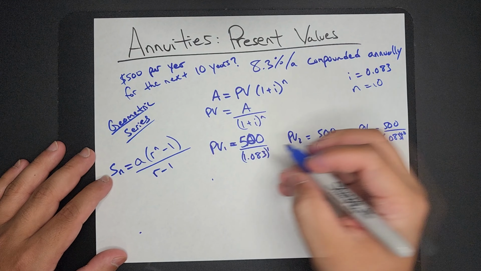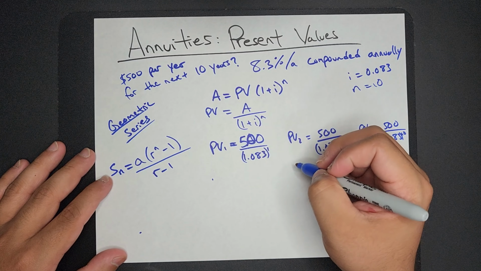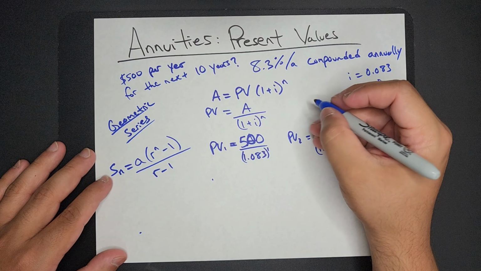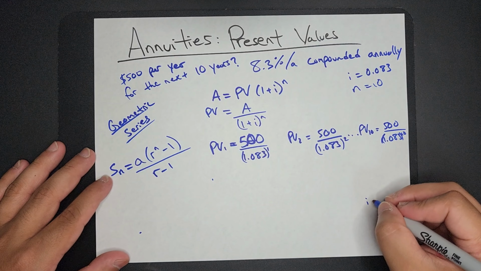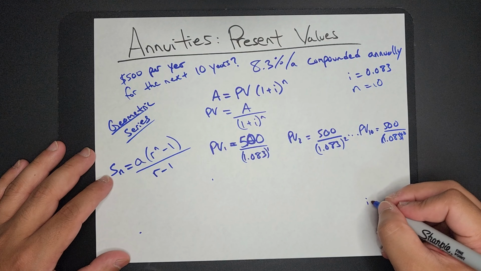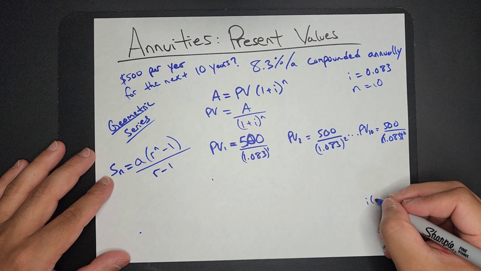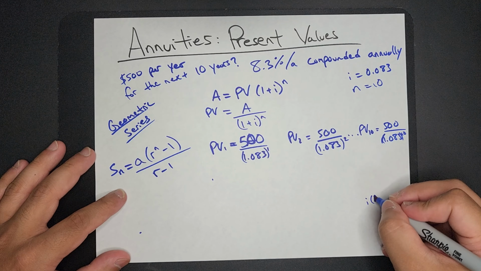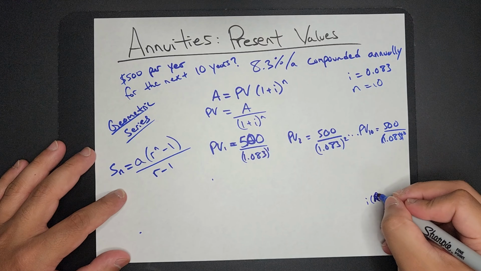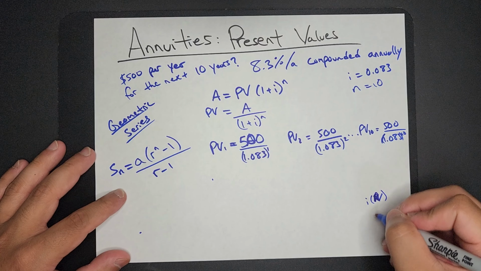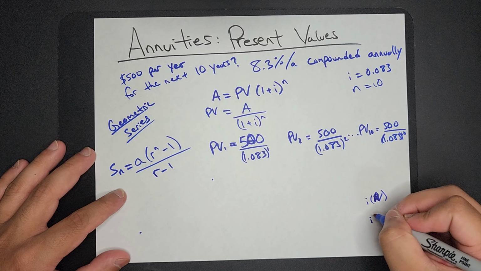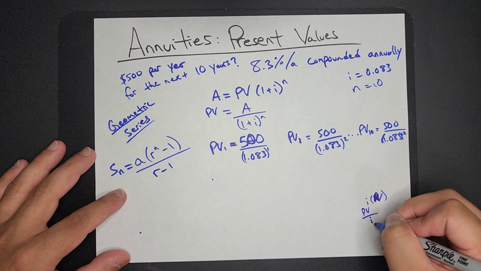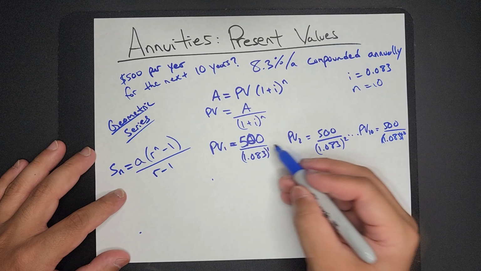Unlike before, where I had the interest rate being multiplied by my amount or my present value, now my amount is actually being divided by the interest factor.